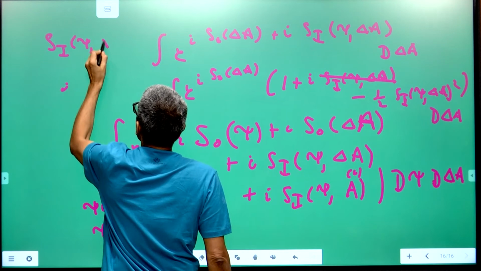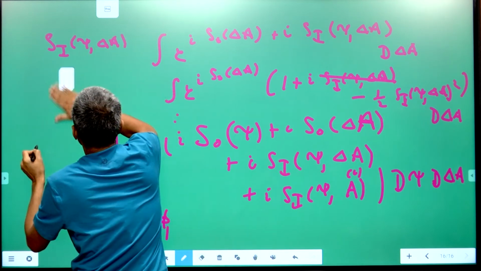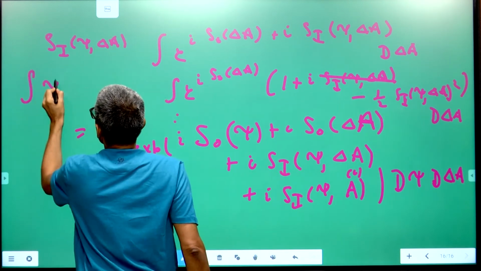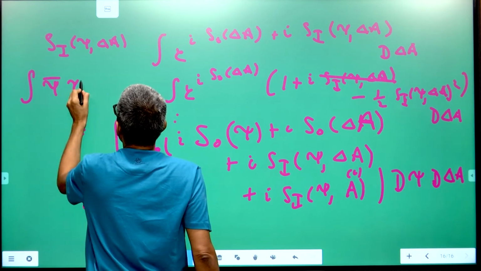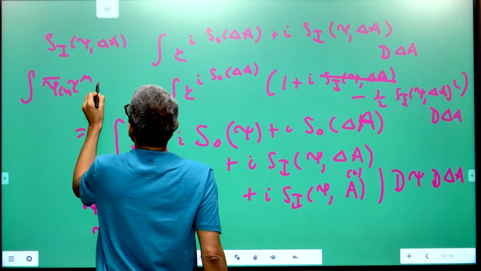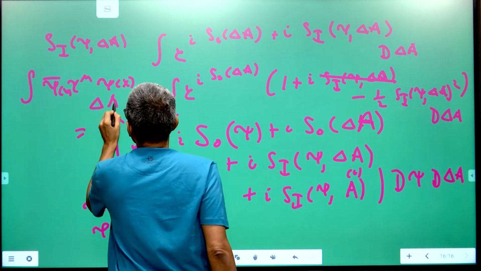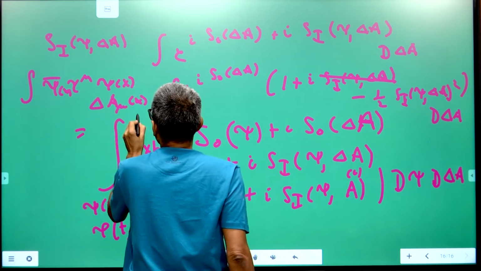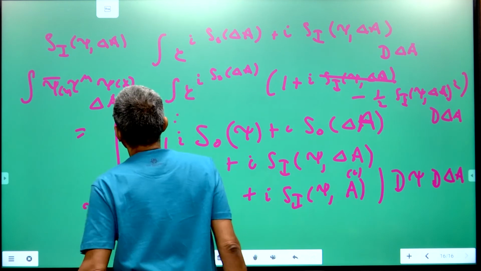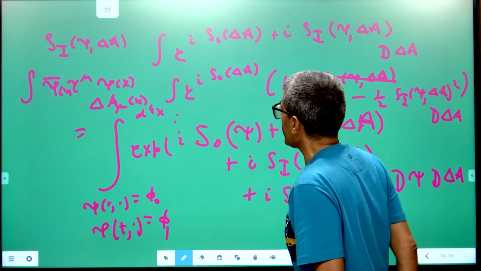Si of psi delta A is nothing but the integral of psi bar gamma mu psi x into delta A mu, d4x. So if you square it, what do you get?